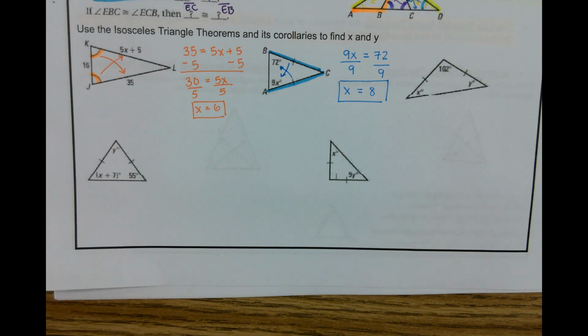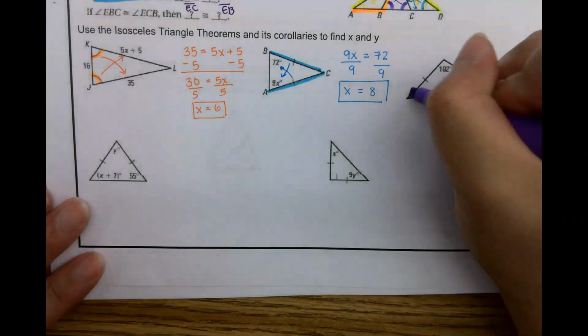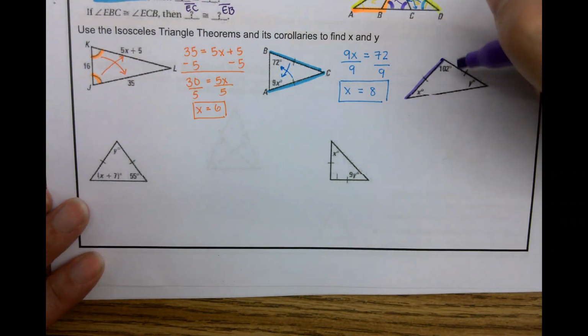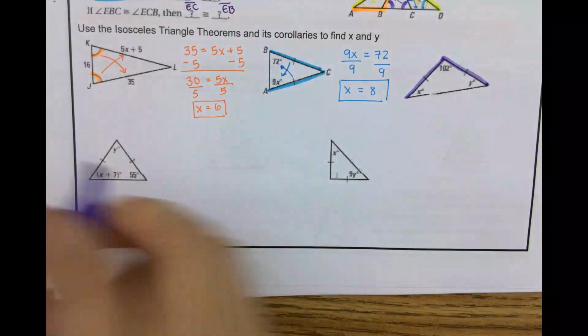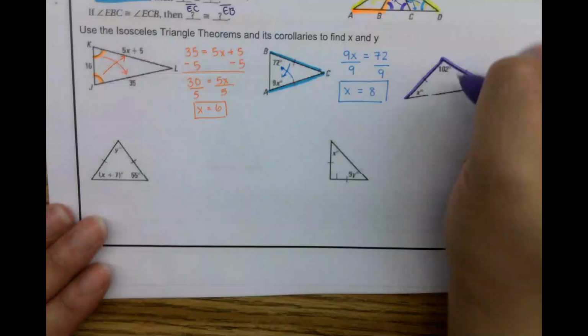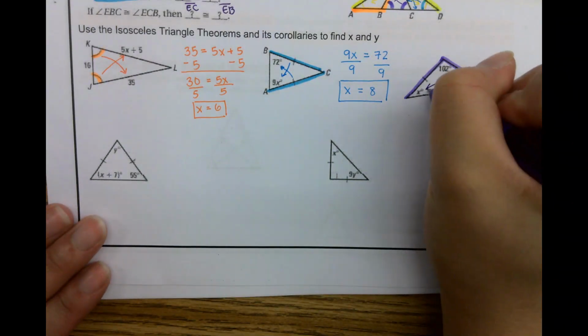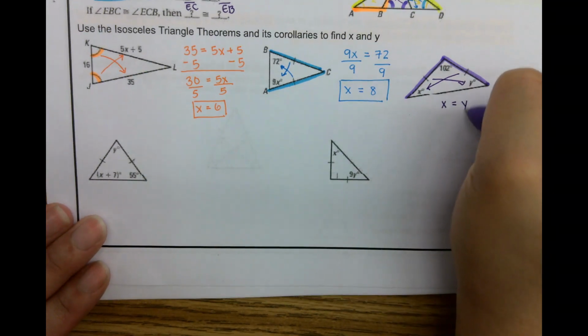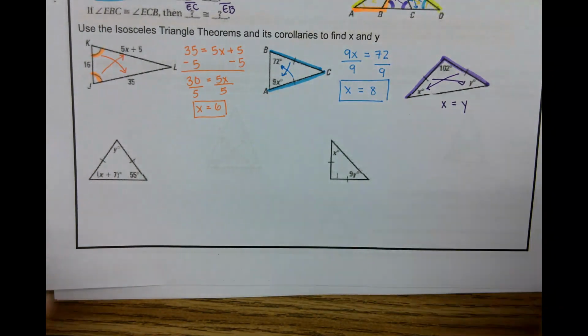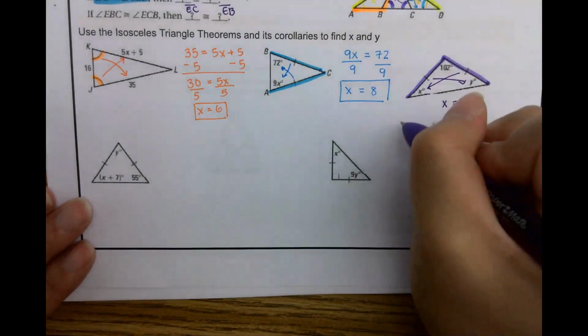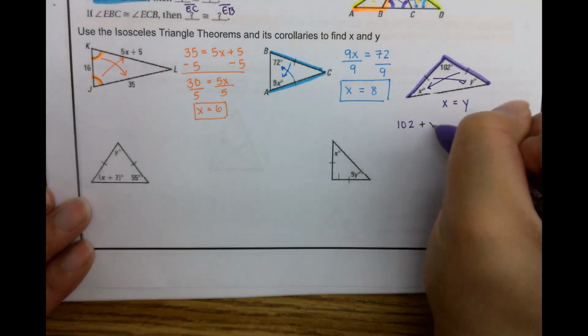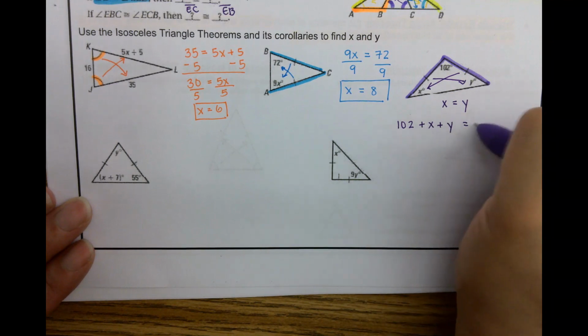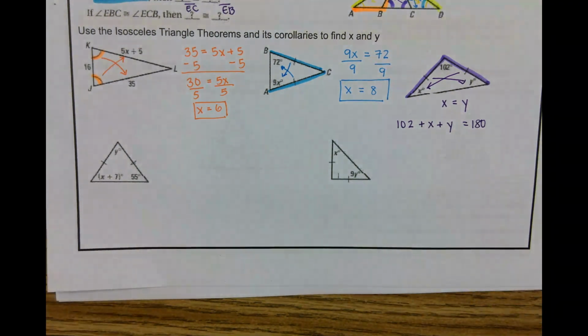Here, I have congruent sides. Okay. So this side is congruent to this side, which means the angles across from each of them have to be congruent, which means that x equals y. We see that they form a triangle, so that means 102 plus x plus y equals 180. Okay.